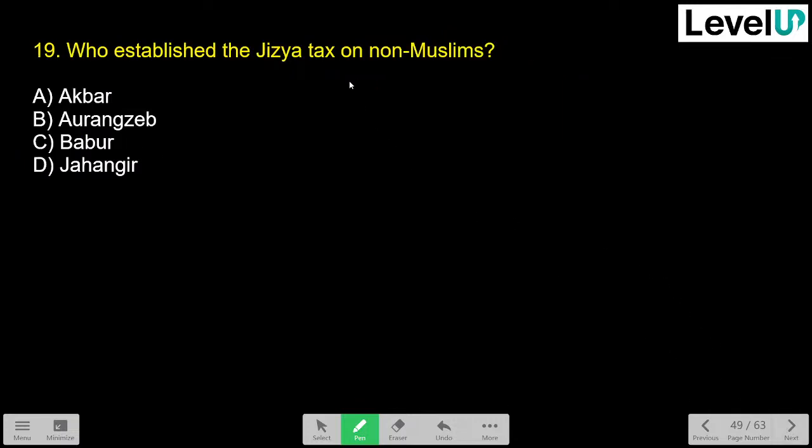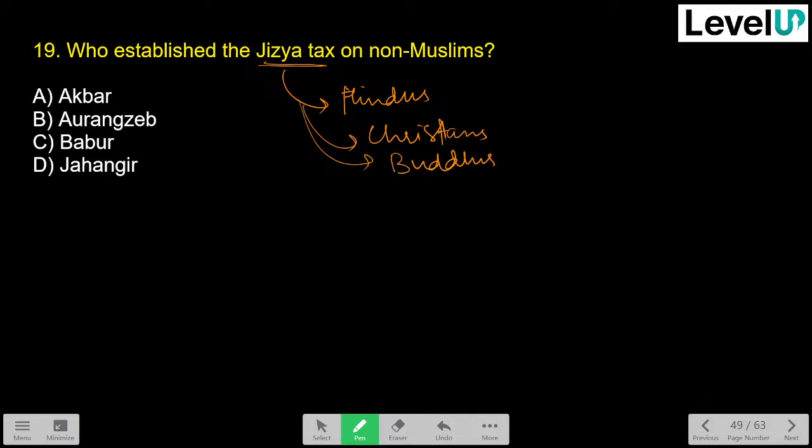Next, who established the jizya tax on non-Muslims? Jizya was a tax introduced on Hindus, Christians, Buddhists, Jains, everyone who is non-Muslim.